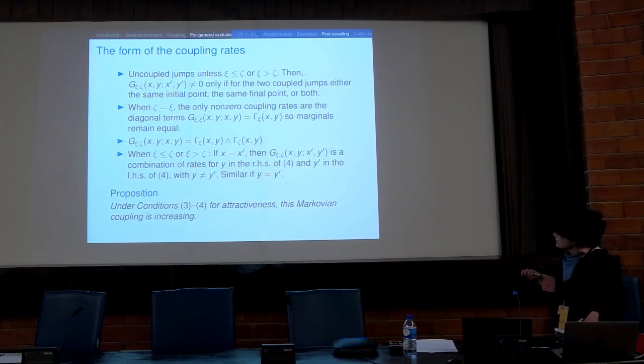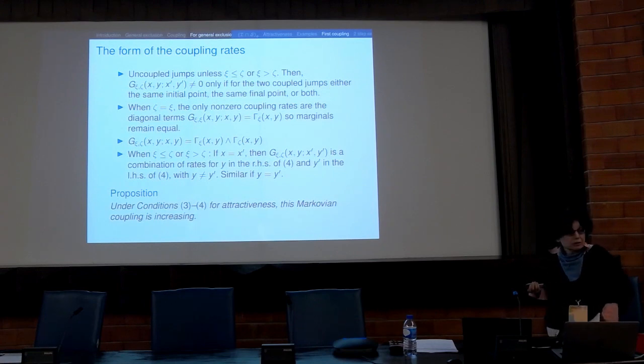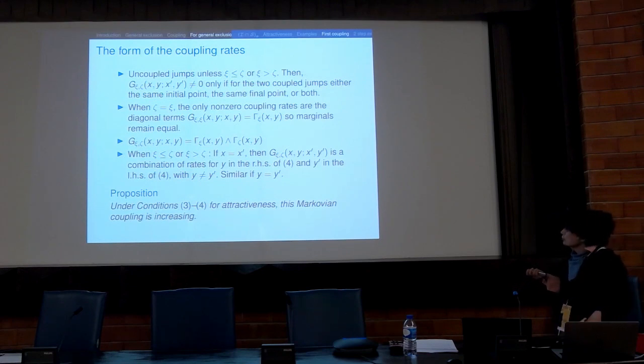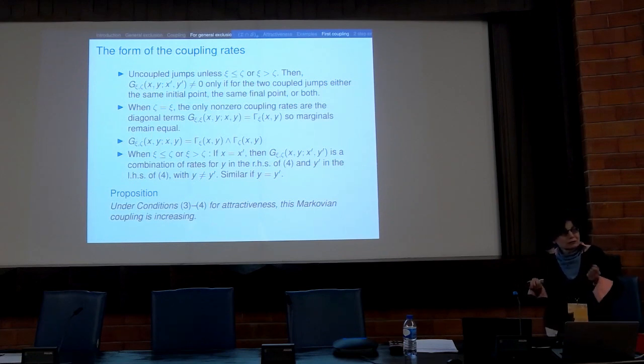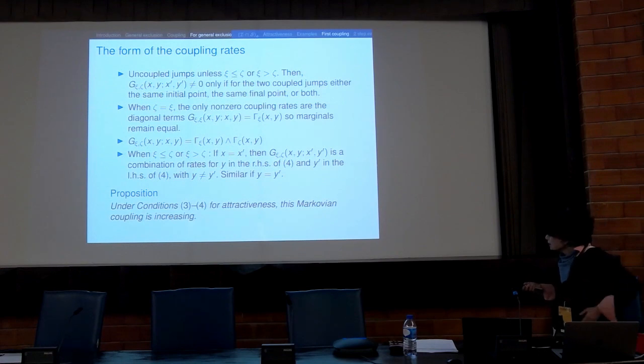And in that case, they will be non-zero only if they have either the same departure site or the same arrival site. So it's not completely crazy. And the point is that, okay, complicated formula, but taking into account what I explained to you about the attractiveness conditions, we need to balance some bad jumps on one side by some other bad jumps on the other side. And under the attractiveness condition, this coupling will be an increasing coupling.